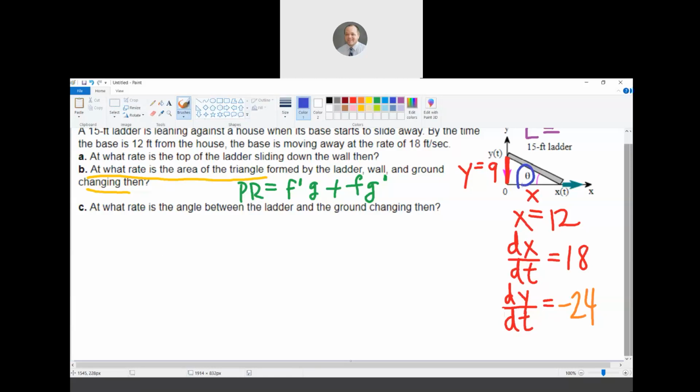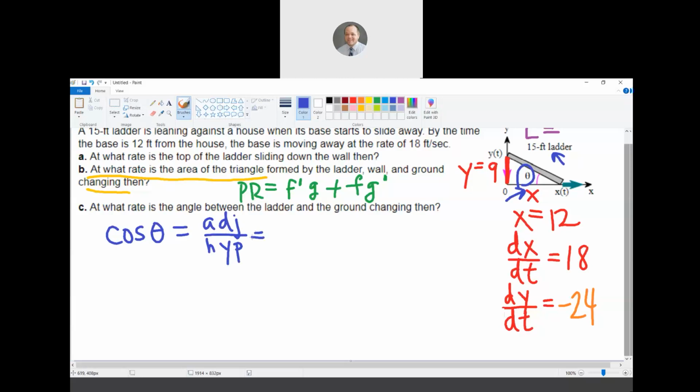And the ladder and the ground, these are the two sides we're concerned about. Well, that is the adjacent, this is cosine actually, cosine of theta, because we have the adjacent side and also the hypotenuse.